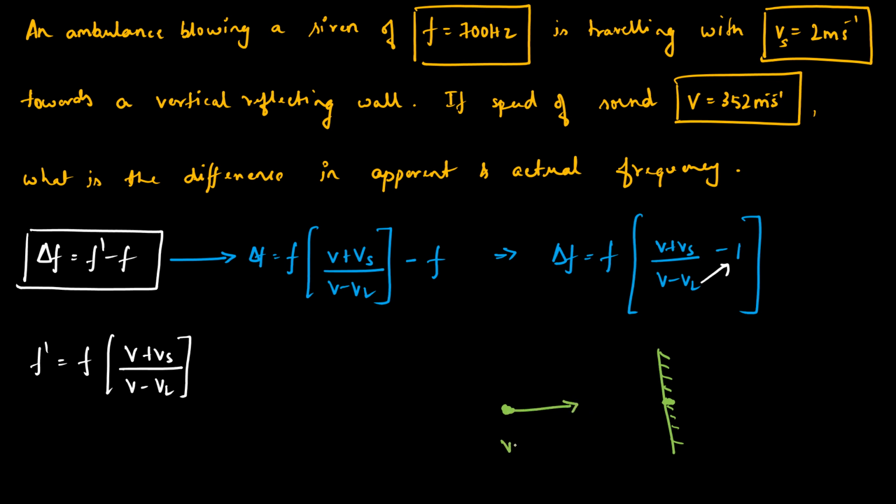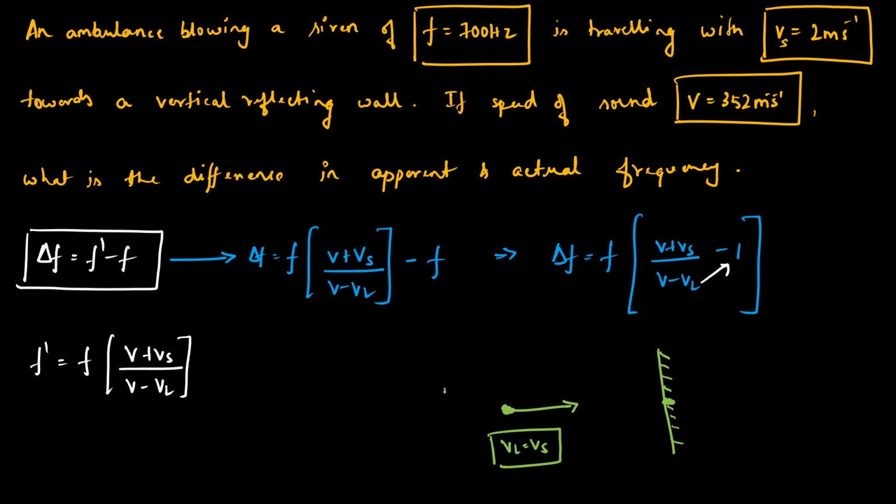Okay, so Vl and Vs both are one and the same, because it is the same ambulance which is blowing, and at that particular ambulance itself, we have to find out the difference of the reflected wave, right? So Vl and Vs both are one and the same. So how is going to be your velocity of sound? It is on the left hand side.